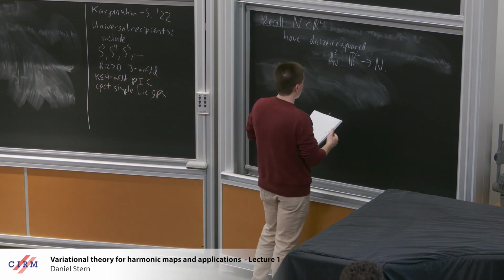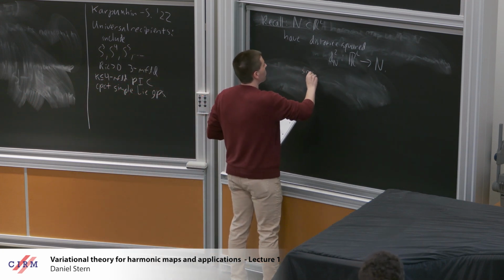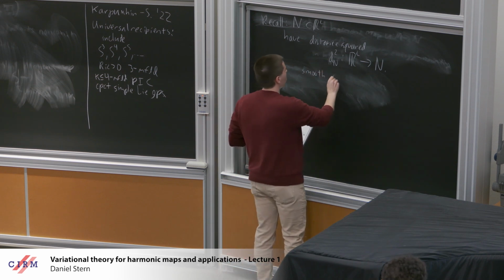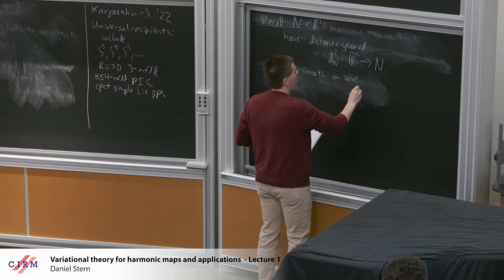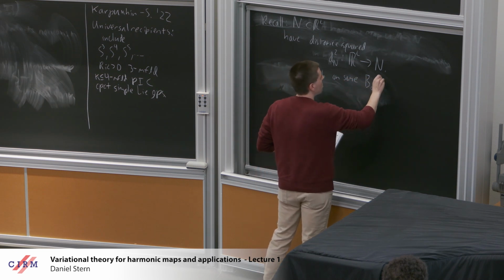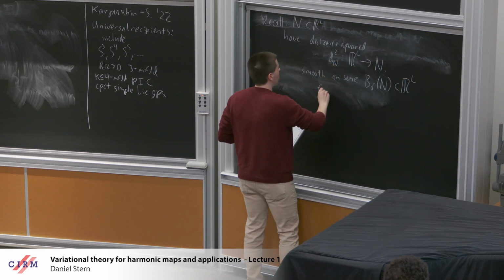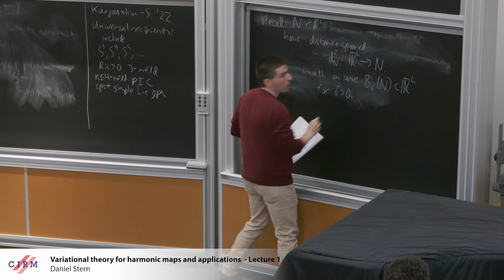And then we know that this is going to be smooth, it's nice and well behaved, where the nearest point projection is well behaved, so on some tubular neighborhood, some delta neighborhood inside of R^L for some small delta. Okay?